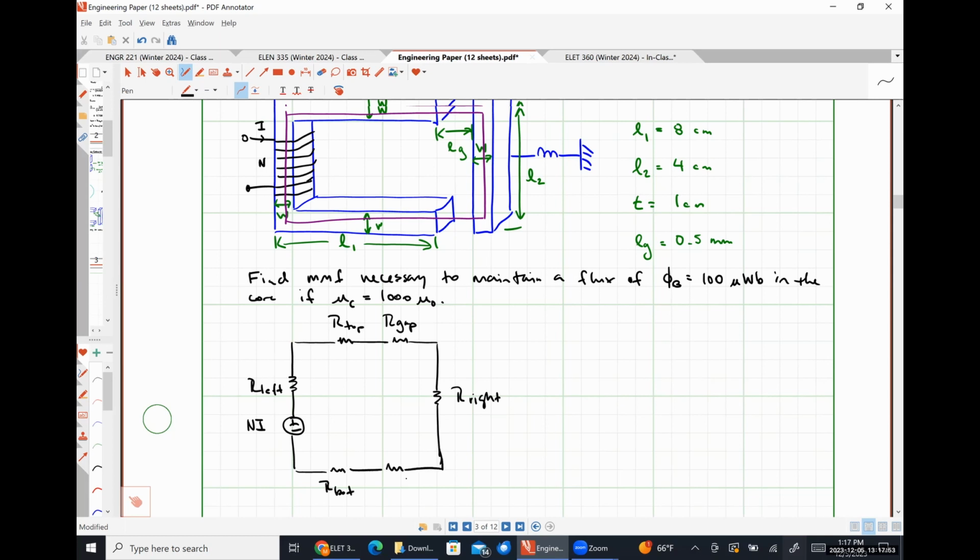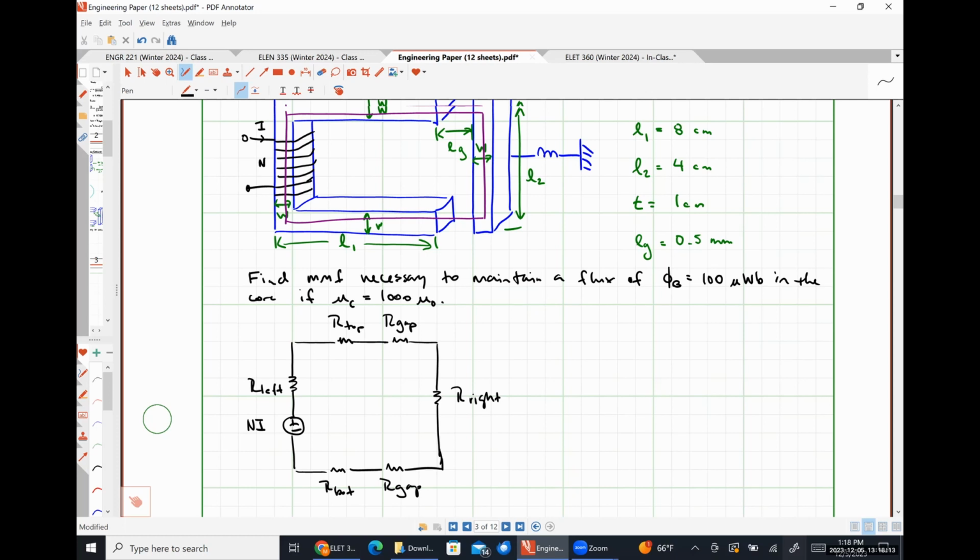And then we have our bottom branch in series with another gap reluctance. And because our gaps are the same size, they're going to be equal. The reluctance of the top path is going to be equal to the reluctance of the bottom. The reluctance of the left path is going to be equal to the reluctance of the right. So we really only need to calculate three things.